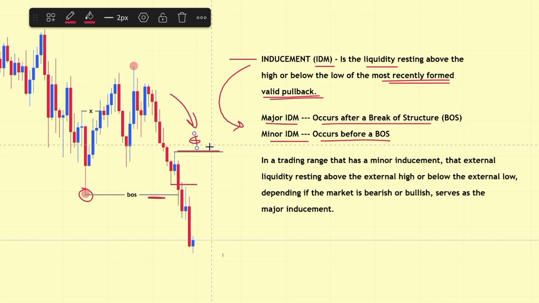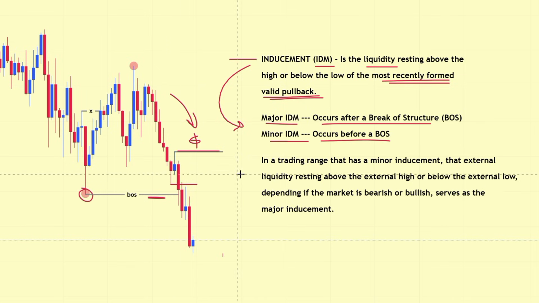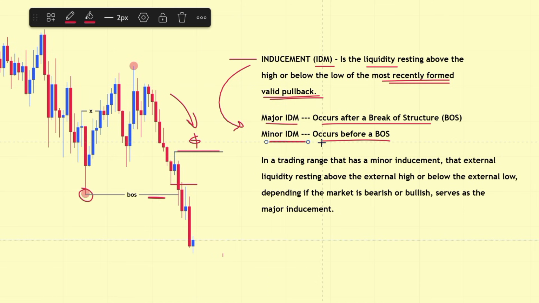In this case, since this recently formed valid pullback is before the break of structure, this inducement liquidity is what we call the minor inducement, since it occurred before a break of structure.